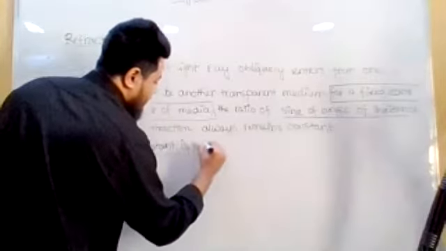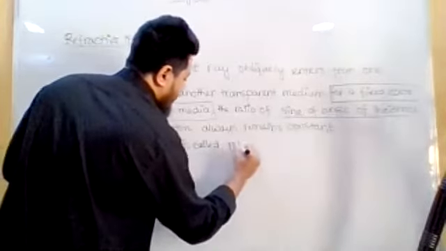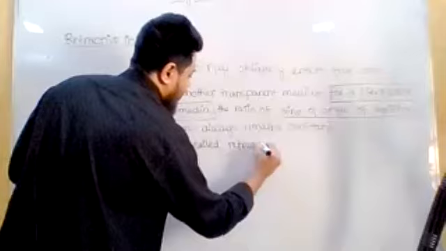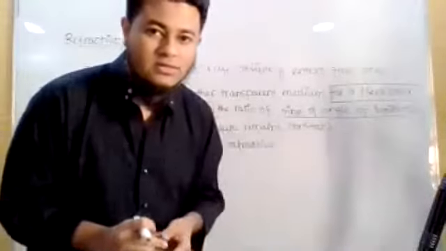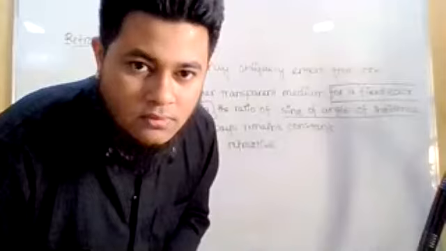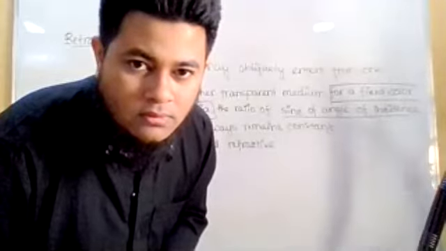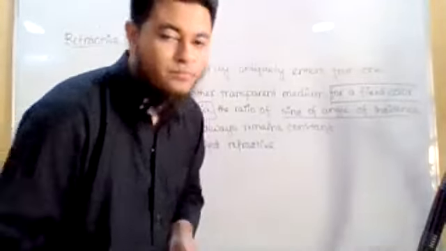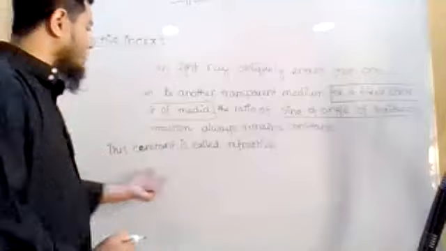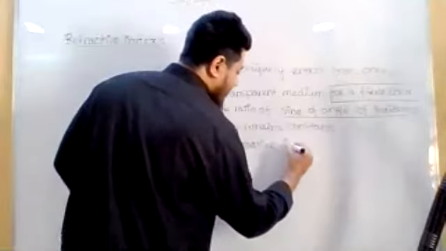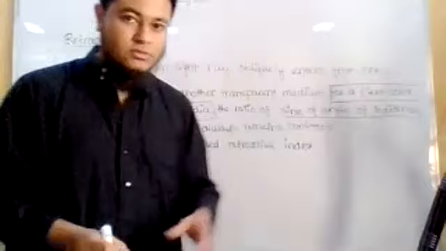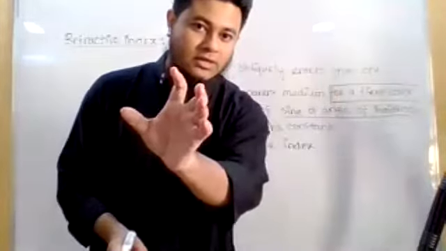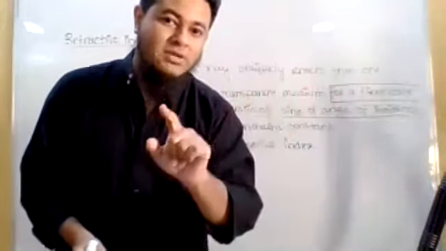So this constant is called refractive index. But refractive index is of a certain medium. Refractive index is like the name of a person. Just as a name can belong to a person, in exactly the same way the refractive index will belong to a medium.